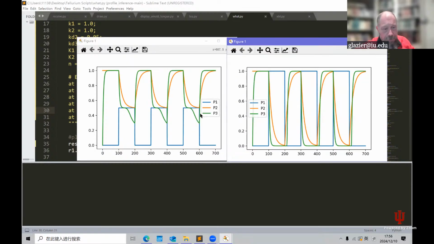So there, turning on P1 turns it off partly, but you don't have time for it to turn off all the way.